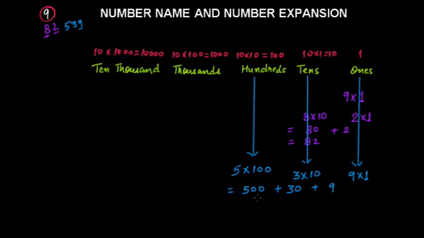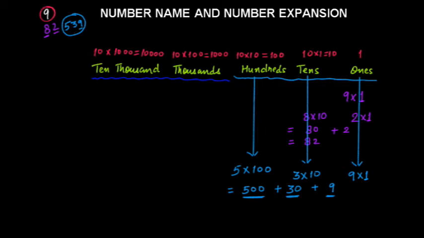Therefore, how will you read this number? We'll read it 539. As I told you in the previous video, we always group the thousands together, and if we have lakhs then lakhs together, and if we have crores then crores together.